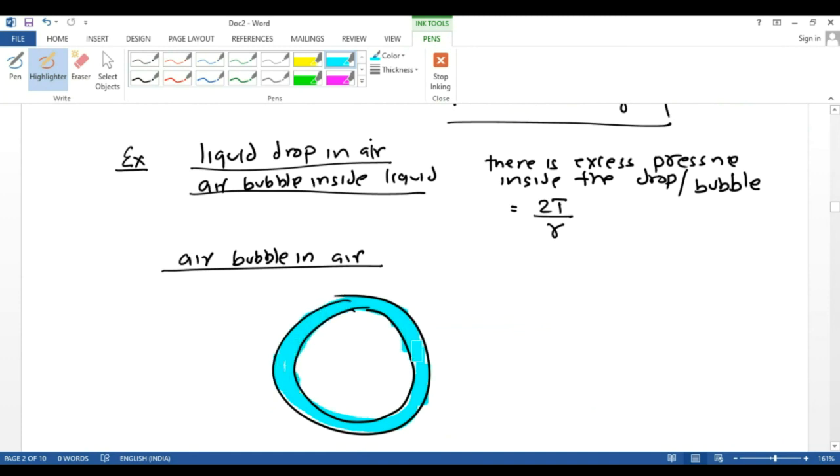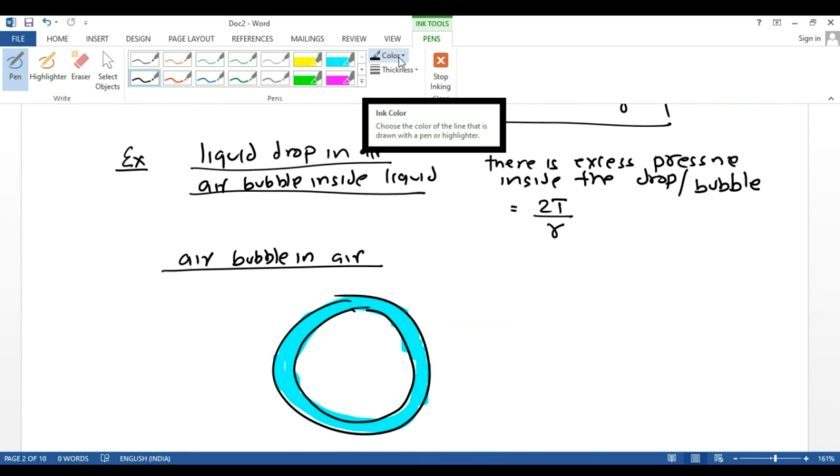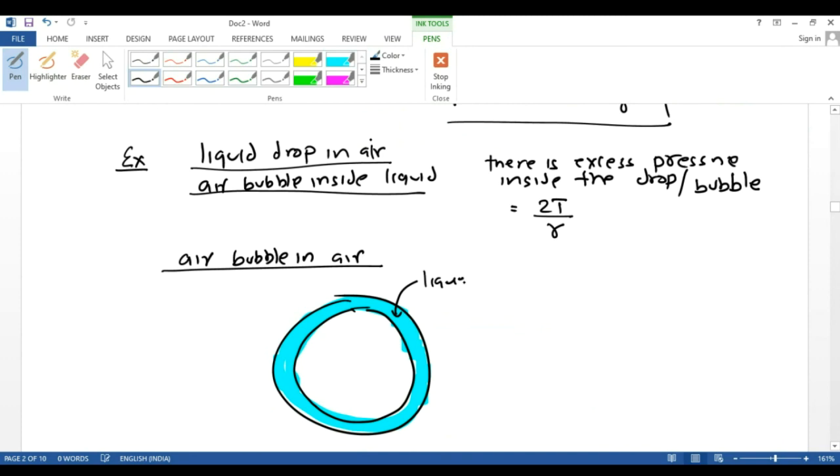So you have a thin layer of liquid here, and air inside and air outside. The question is, how thin is this layer? This is a few microns. A micron is 10 to the power minus 6 meter. So this could be 10 micron, 20 micron, even 100 micron.